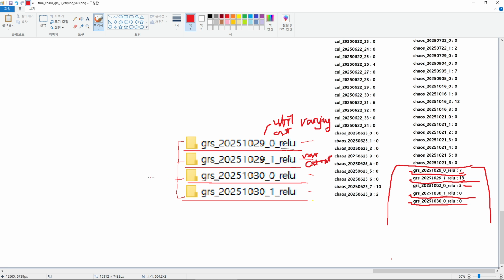And for the true chaotic dynamic, where both of them had constraint values varying, CSTRNT, I got 0 true ceiling chromosomes.